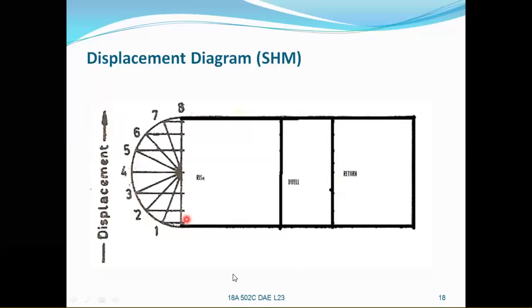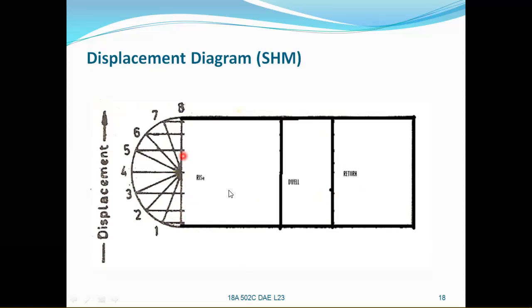So here you can see, first of all, draw lift vertically on y-axis equal to the displacement of follower and angular displacement on this x-axis, and complete the rectangle. This is the outstroke or rise and dwell period 1, and this is the return stroke.